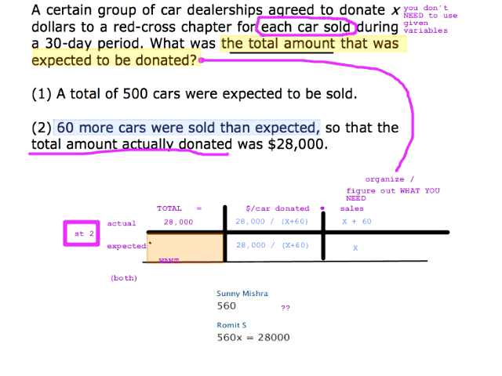This is not different between expected and actual. So you can do this kind of work. These are equal. And if you want, you can even do the multiplying. So it's 28,000 x over x plus 60.